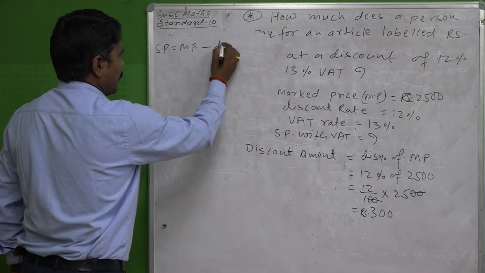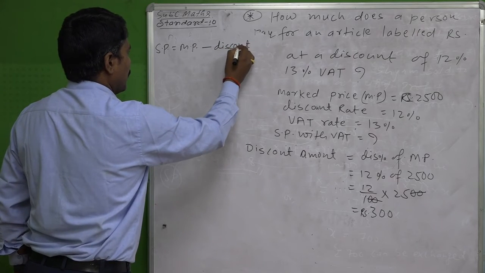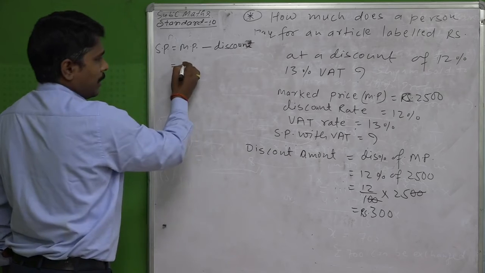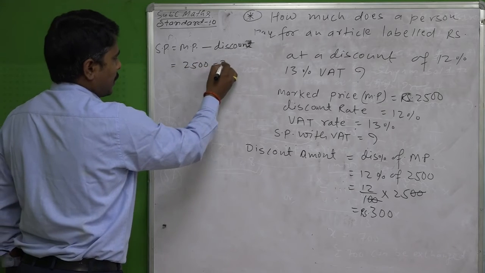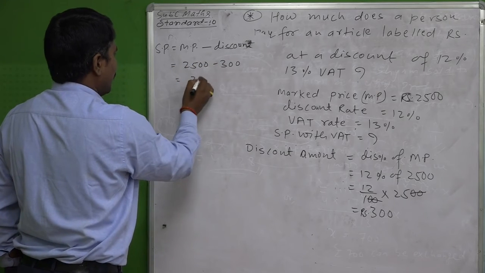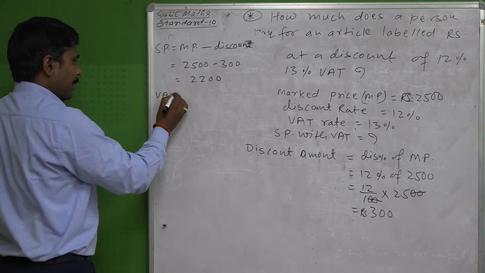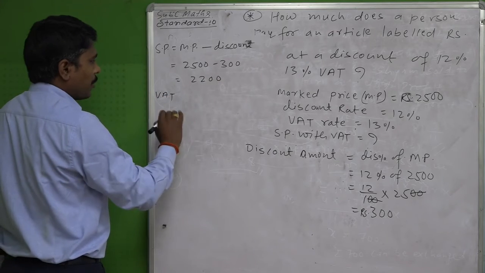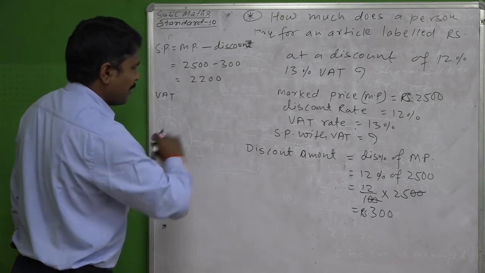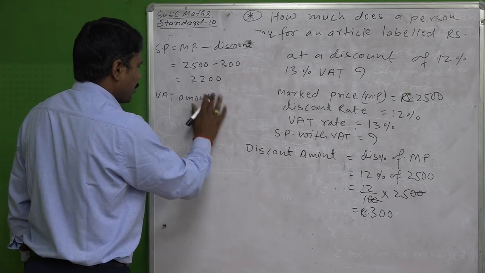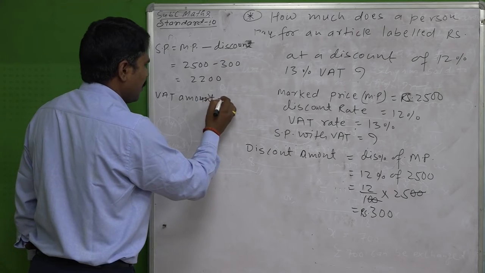If you subtract the discount, 2500 minus 300, you will get 2200 as the SP. Now you find the VAT amount, or you can find the SP with VAT directly by using the formula. If you go one step at a time, it will also be easy.